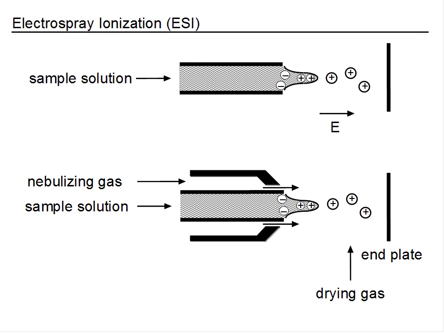As you can see, the liquid is drawn out by this strong electric force, and positively charged ions are enriched at the tip, because they would like to go to the negatively charged end plate. In this case, this is positive electrospray ionization, or ESI+, where the end plate is negative and positive ions are expelled from this liquid, essentially.